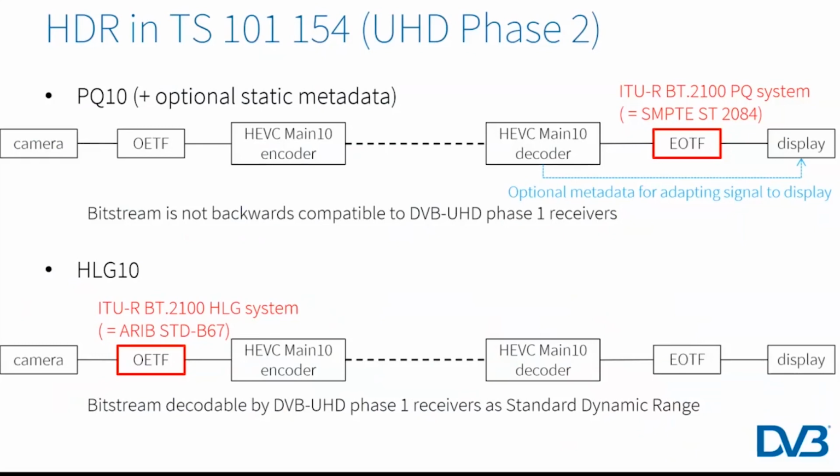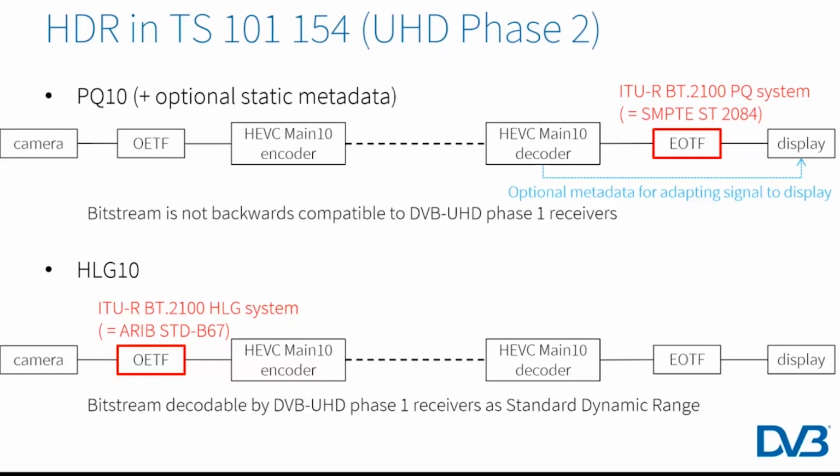In the context of dynamic metadata, this is something that is optional and added on top of the PQ system. So why am I mentioning the HLG system? Just to set the context and to explain actually that dynamic metadata is not intended, at least in DVB, for the HLG system. This is really something that's intended for PQ.